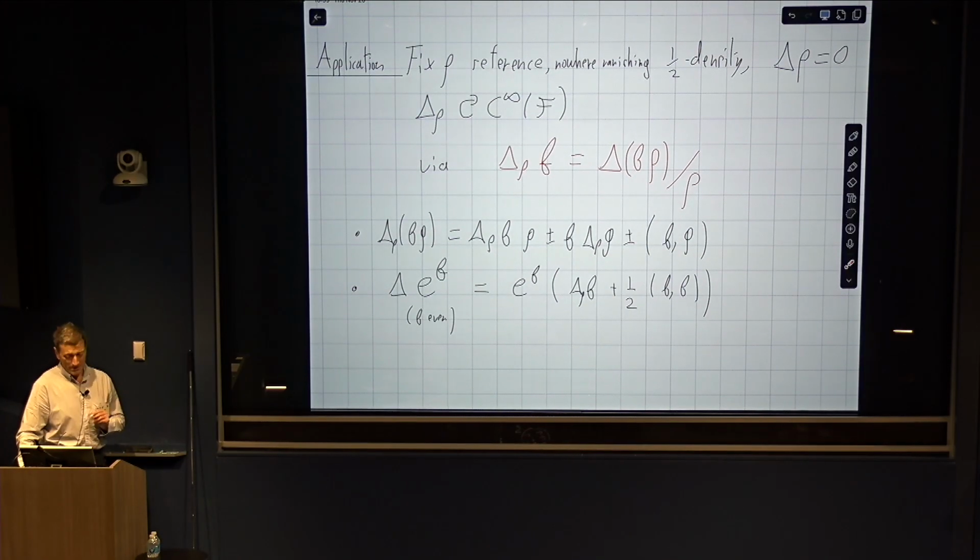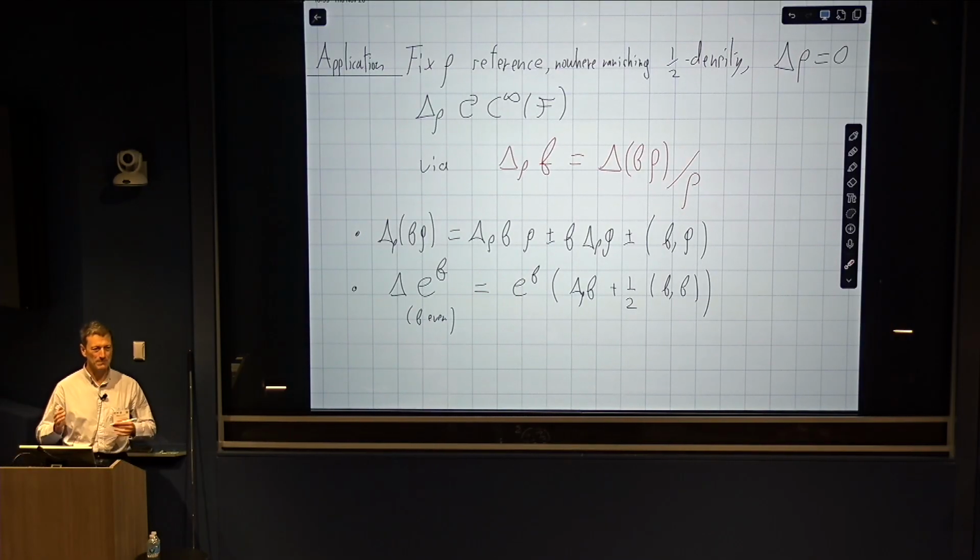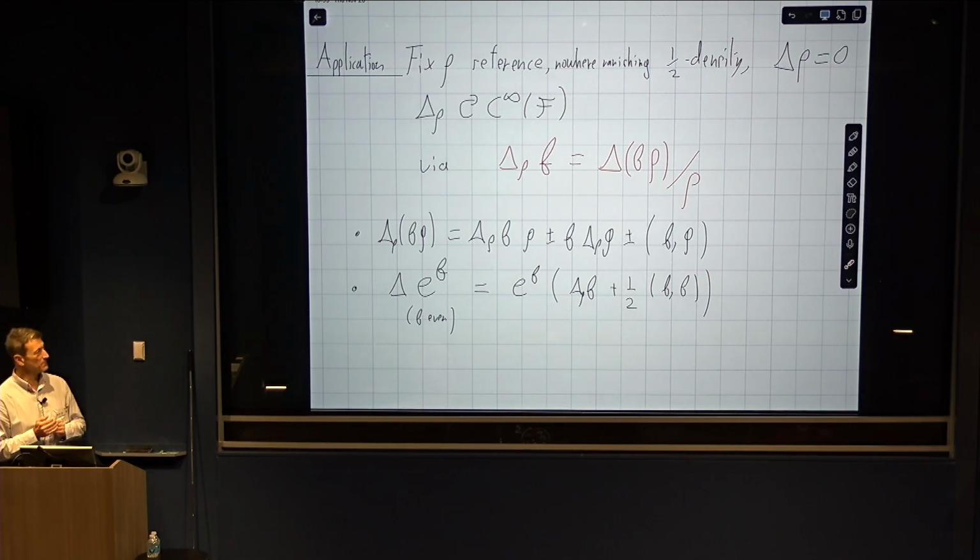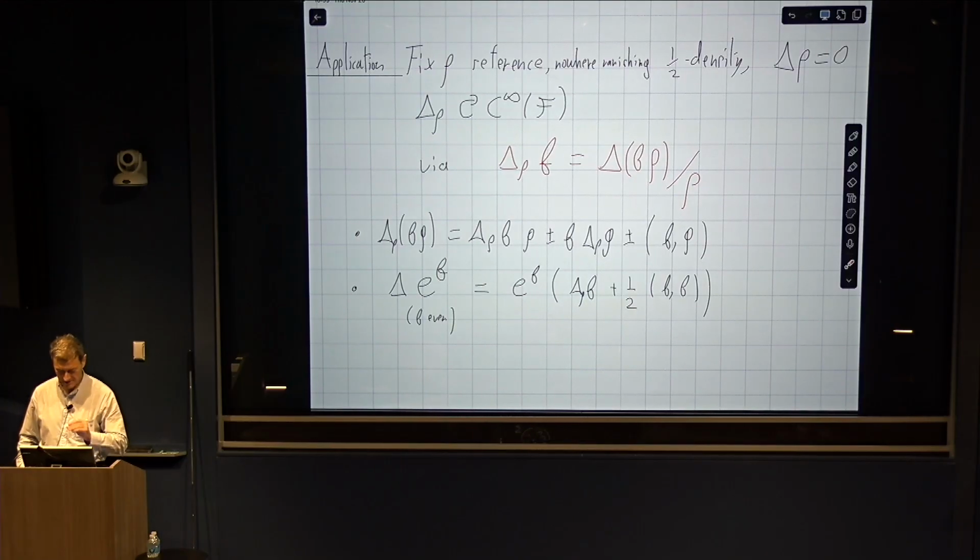Okay, now typically, especially in field theory, you don't really talk about half densities, right? You talk about the action functional. So somehow we want now to translate this in terms of functions. So the idea usually is the following. Fix some reference, nowhere vanishing and delta-closed half density rho.